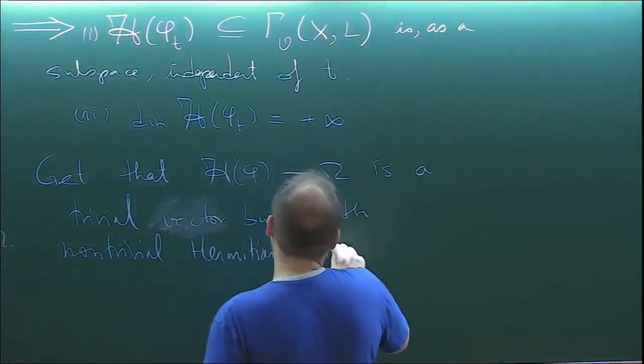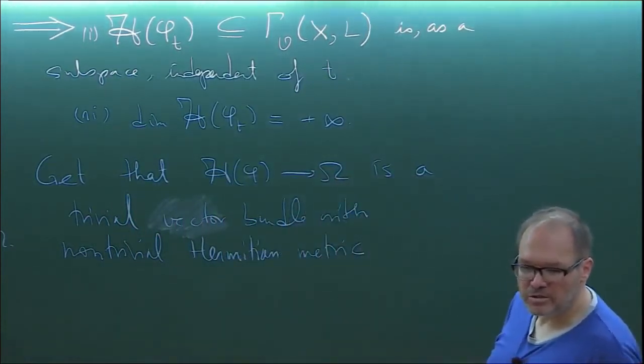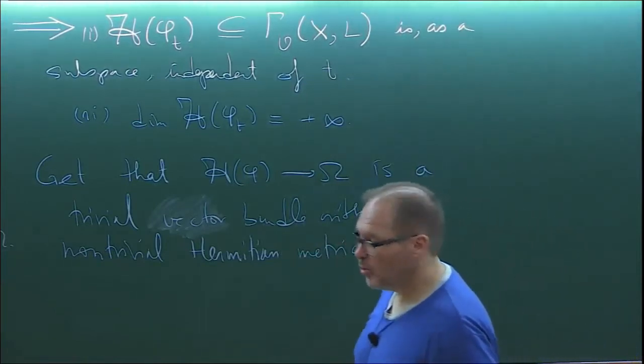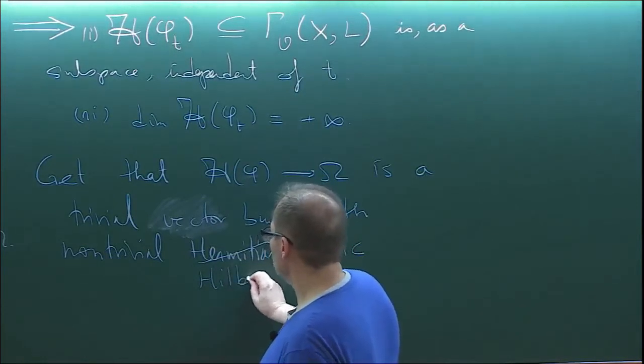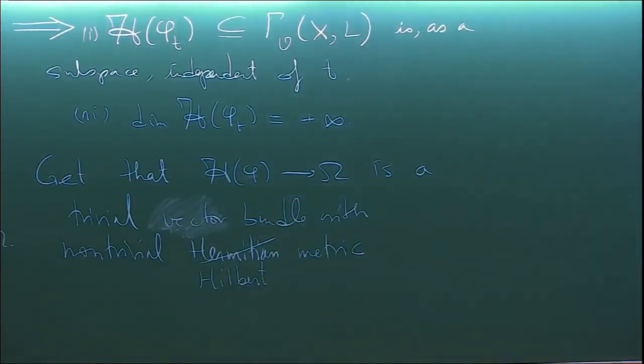But now, because it's infinite dimensional, I have to say a little bit more about the metric. There's a topology of infinite dimensional vector spaces that's actually important. So we upgrade to Hilbert. So this is a variation of Hilbert spaces, and it's also a vector bundle.